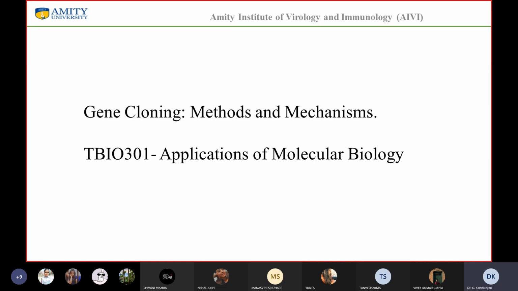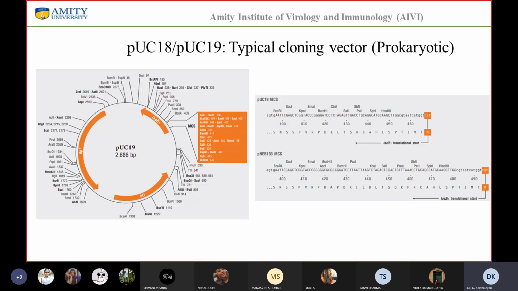All right, good. This picture shows you a typical cloning vector. Cloning vectors, as we saw in the previous class, are meant for cloning your piece of DNA and making enough copies of it so that you can do analysis, give it to other researchers who may be interested in it, or keep it as a backup.